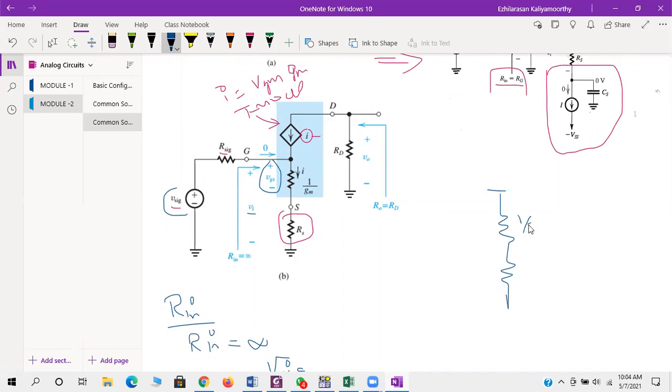This will be 1 by gm, see from this figure. This is RS. Now from here to here, this portion is nothing but Vi. This will be your Vi, right? See from this figure, the Vi. So consider this completely as Vi. Then this fully is nothing but VGS.